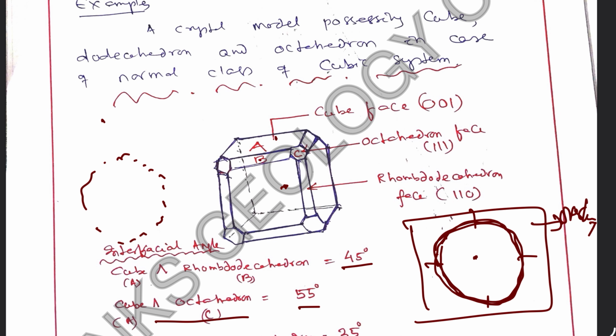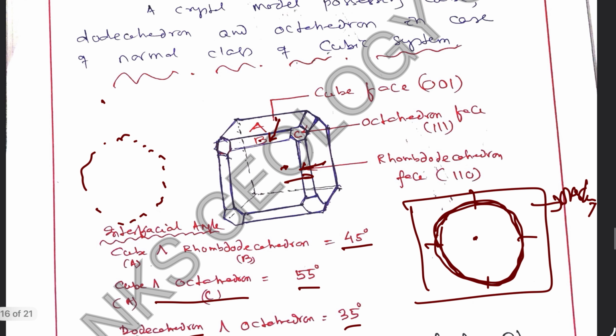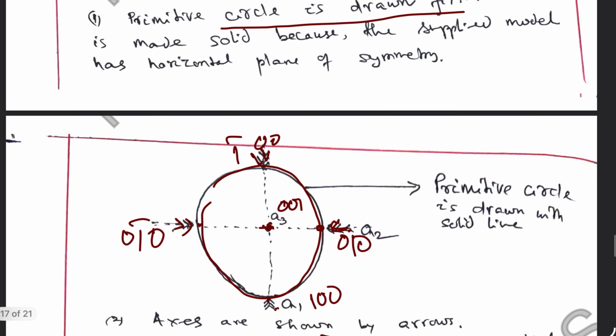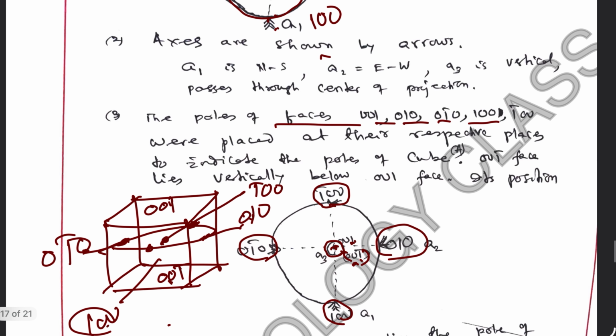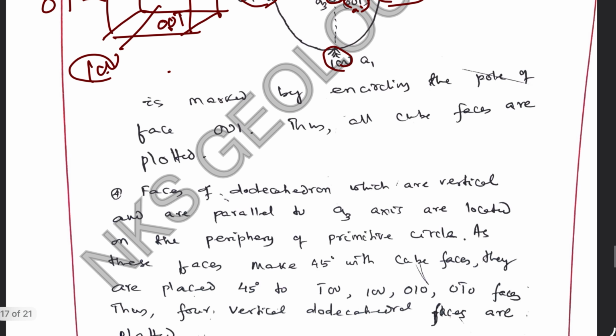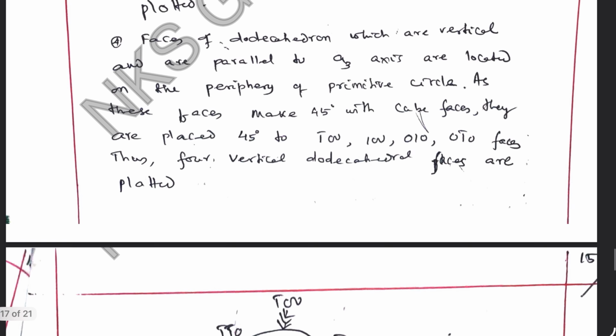Now we take into account the dodecahedral face. Dodecahedral faces make a 45-degree angle with the cube face. So there are 4 vertical rhomb dodecahedral faces, and they make 45 degrees with the cube faces.